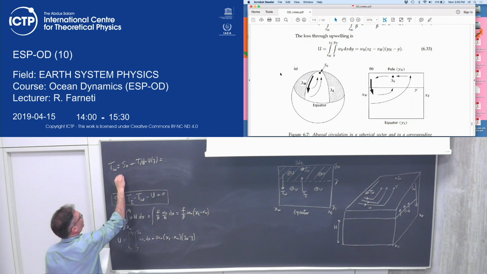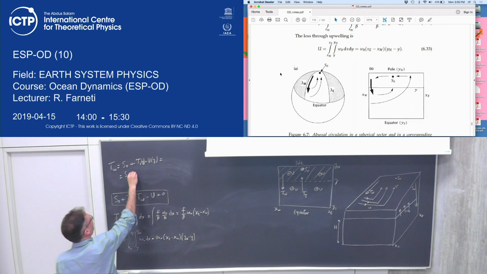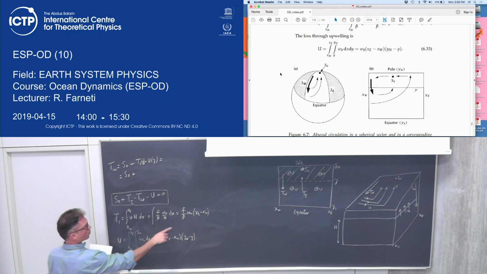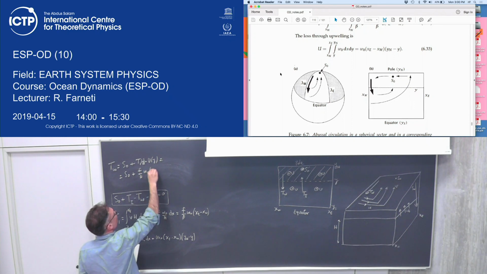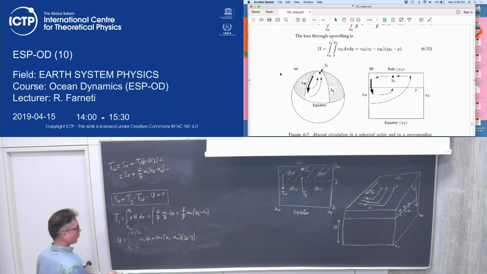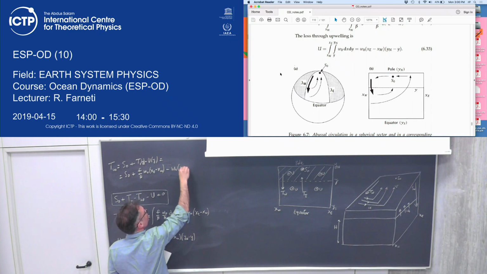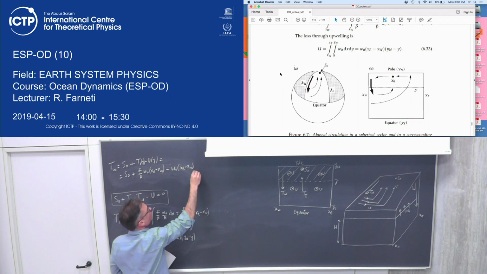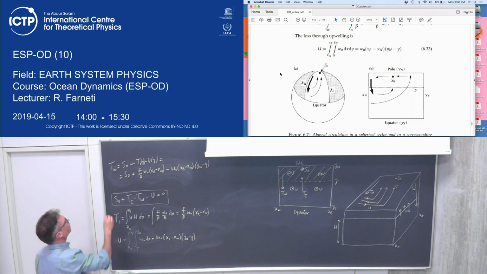So the injection is equal to S naught. We still don't know how much that is. Plus the interior transport, which is this one, f over beta W naught, x east minus x west, minus the upwelling strength, which is this, x east minus x west, y north minus y. So this is the transport at the west. Simply mass conservation.